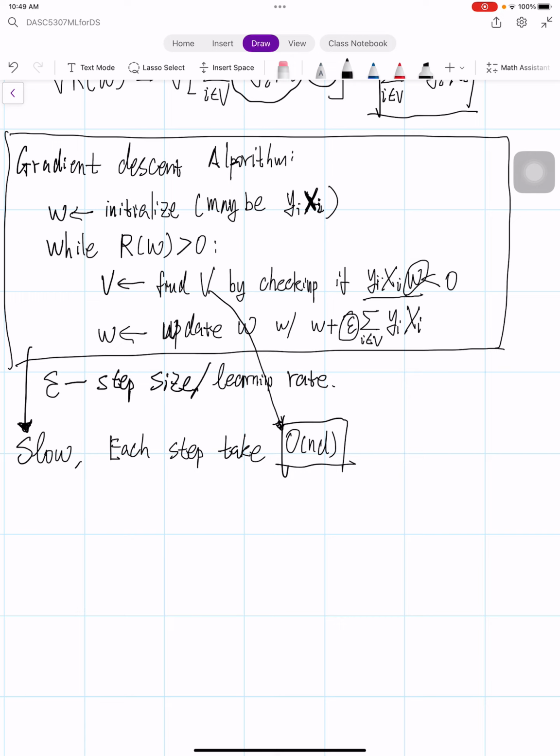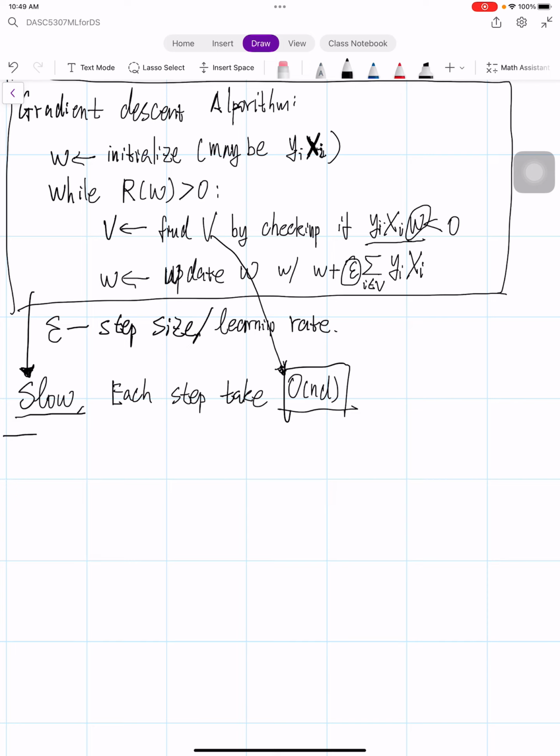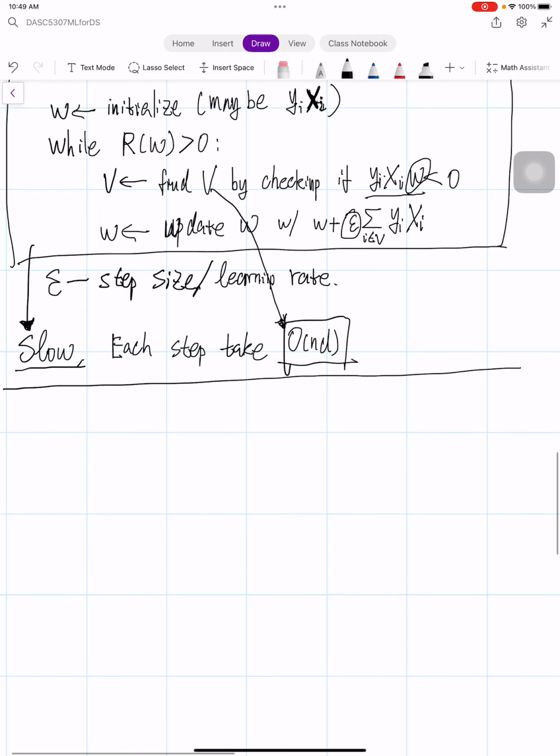So this gives us a very slow algorithm. A better way is, instead of checking this sign at every data point and calculating the gradient, we check only one misclassified point. This idea is called the stochastic gradient descent algorithm.